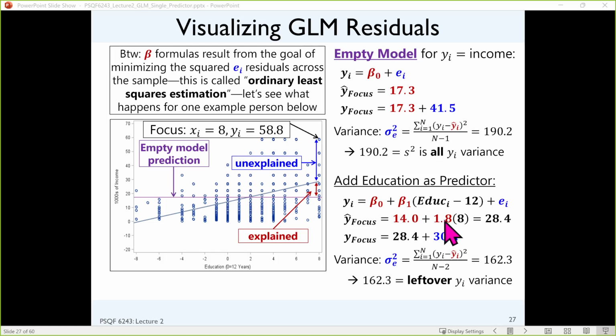What I can tell you is that how SAS figured these out is by determining what combination of these numbers would result in the smallest possible collection of E's for that model. The answers that pop out are the ones that make the set of E residuals the smallest collectively. Another way of saying that is that they minimize the sum of squared residuals. They minimize this function. And so these are the numbers that did that best given this sample of data.